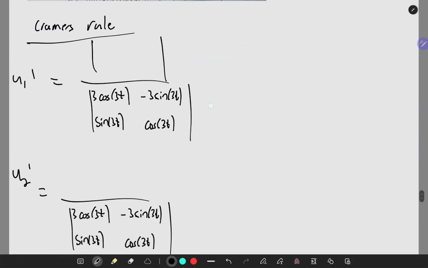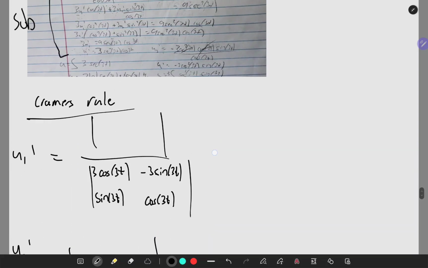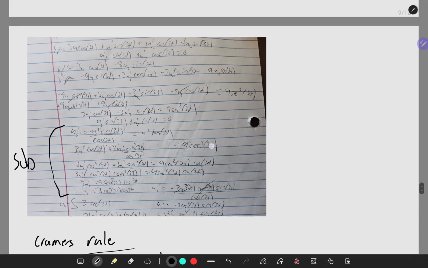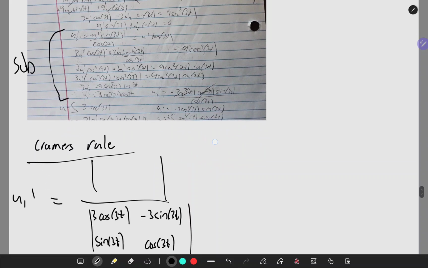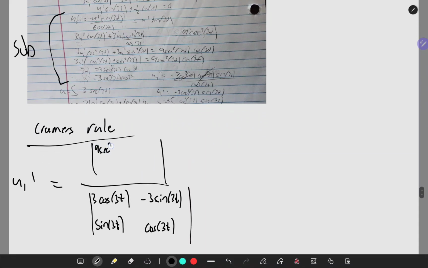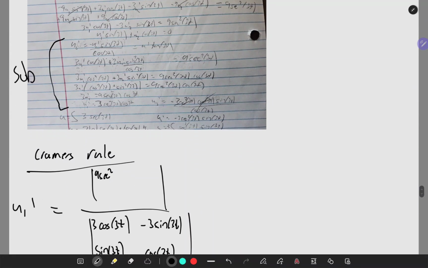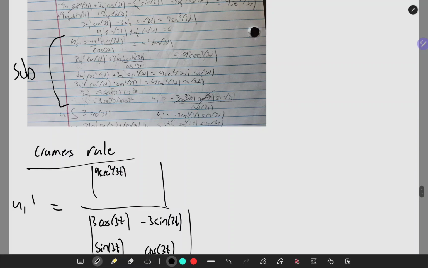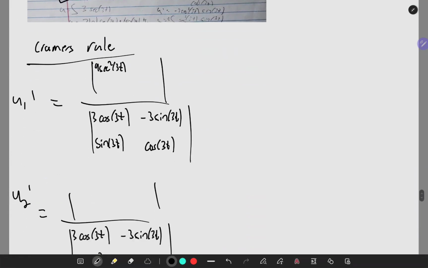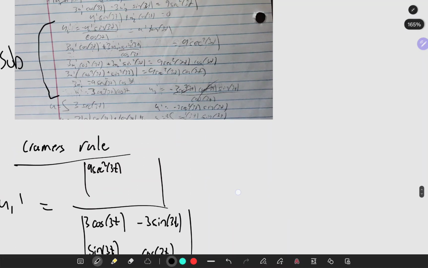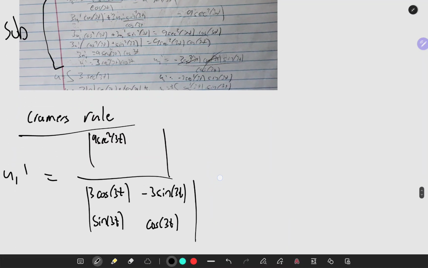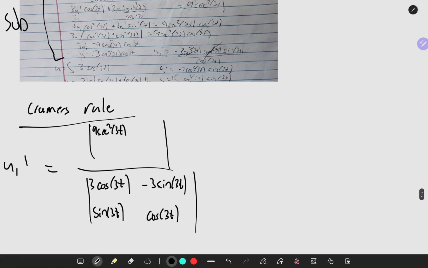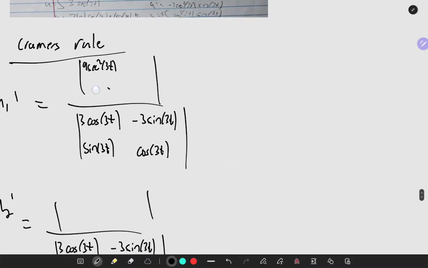The numerators. Let's see. For U1, we replace the first column with 9 secant squared of 3t. This is very annoying to write out, but it's still going to be faster than substitution, that's for sure. And then that other one's 0. And then this row stays the same.